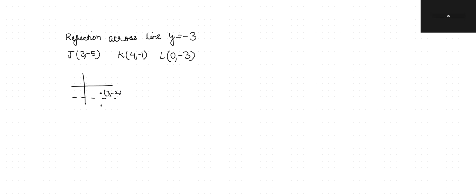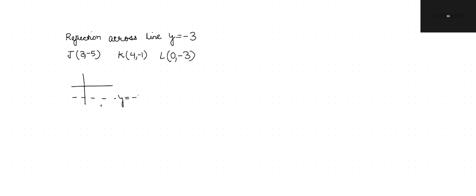And for y, we have to calculate the vertical distance from the y coordinate of the original point to the line y is equal to -3.